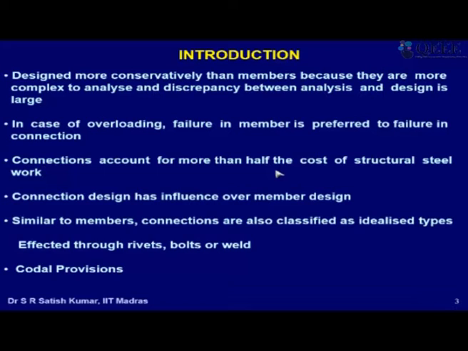So I might have assumed 2 bolts of diameter, let's say 12 mm, but then eventually when I provide 3 bolts of diameter 12 in the same cross section, my member design may go wrong. So I need to go back and check my member design to ensure that it is still correct.